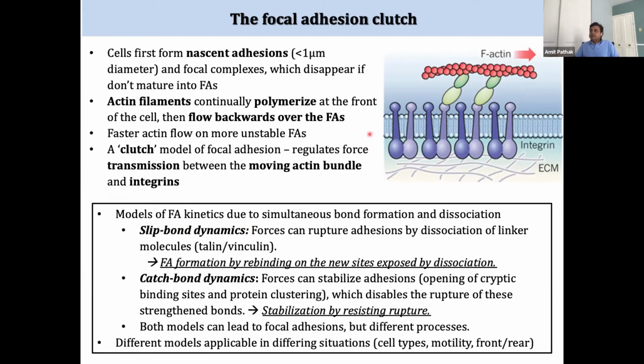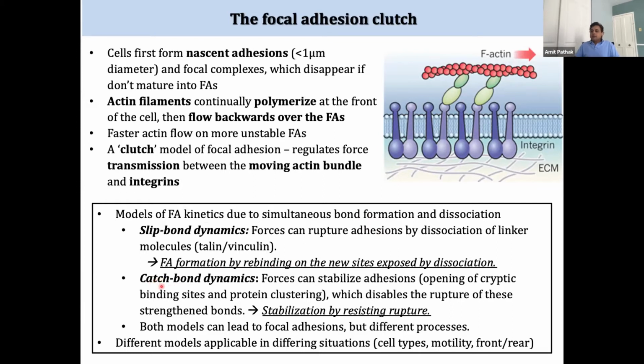So let's say on the cartoon here, a force arrives and ruptures one of these adhesions. As a consequence, there is now a site available for the formation of a new adhesion. So the existence of forces really makes more sites available for focal adhesion. That is a way to form adhesions. It is kind of counterintuitive, but that's the mechanism for slip bonds.